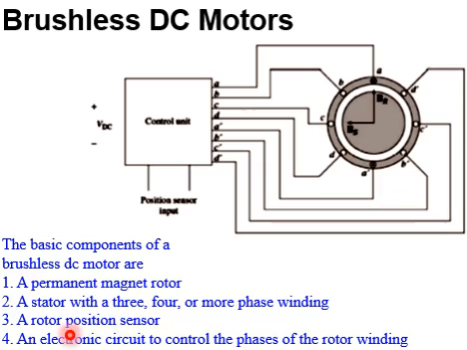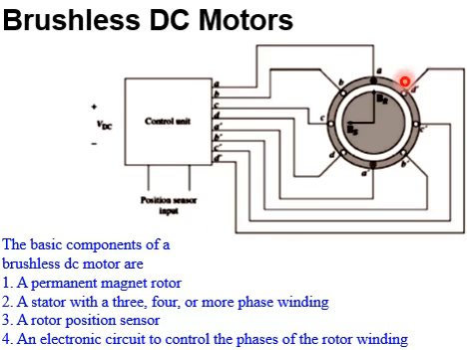A rotor position sensor is connected with the control unit in this case, and an electronic circuit to control the phases of the rotor winding.